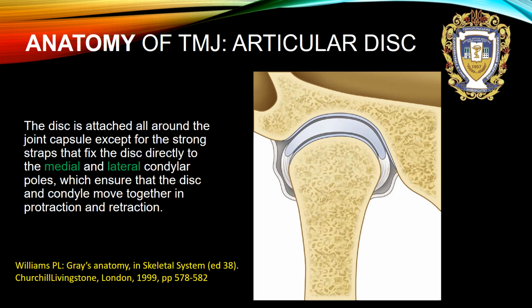The disc is attached all around to the joint capsule, except for the strong straps that fix the disc directly to the medial and lateral condylar poles, which ensure that the disc and condyle move together in protraction and retraction.